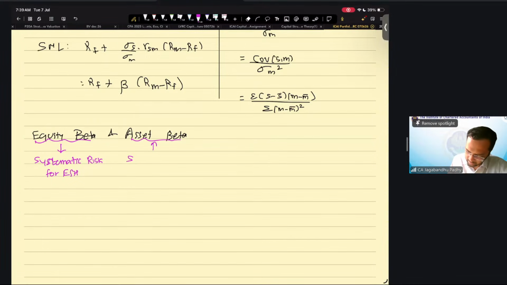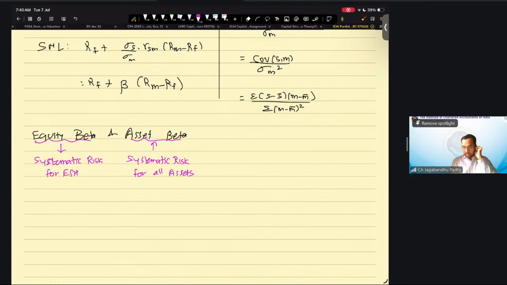And asset beta is the systematic risk for all assets. Of course, out of these two numbers, what do you feel? Which beta is going to be a larger term? Out of these two numbers, equity beta and asset beta, which one is going to be a larger term?